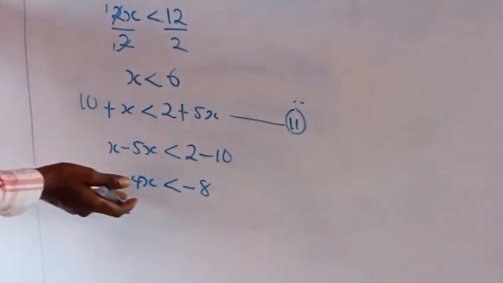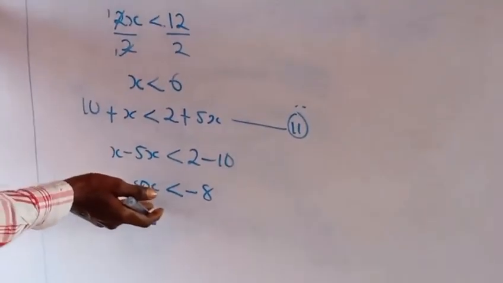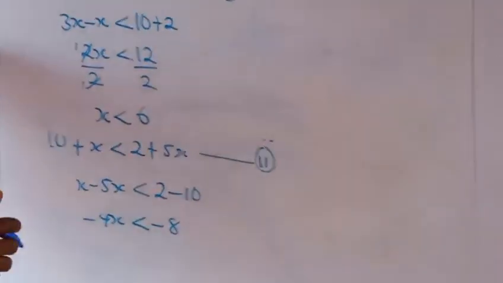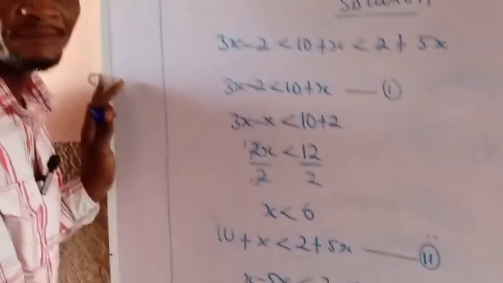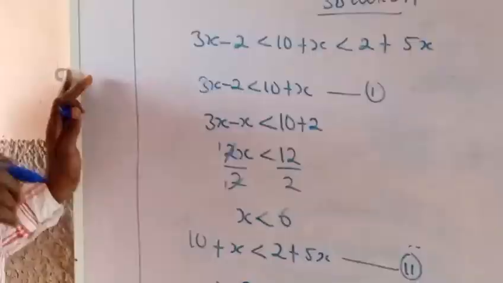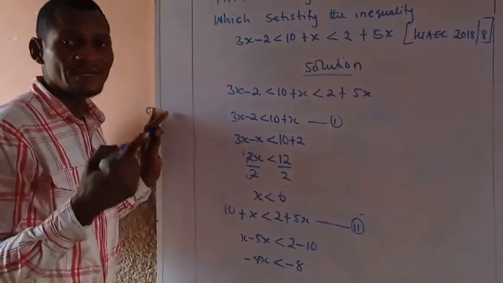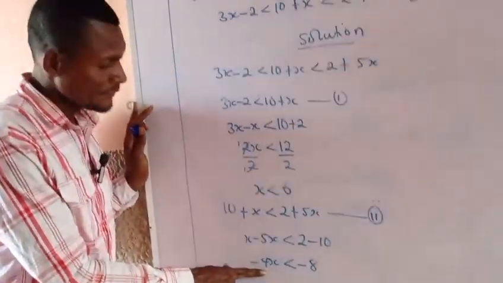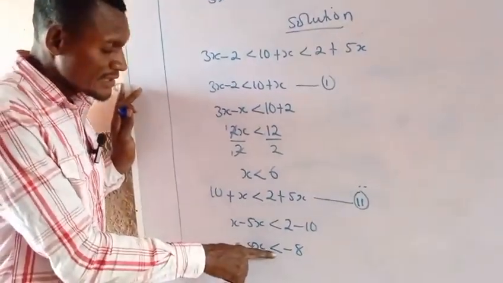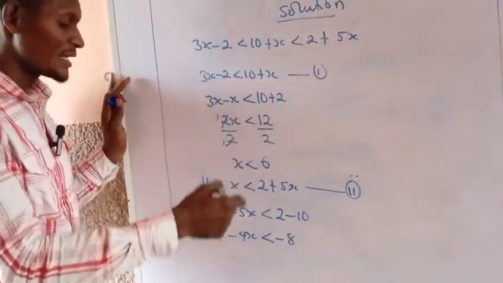So we are going to divide both sides by -4 so that I can obtain the value of x. Understand that when you divide both sides by a negative number, the inequality sign will change, or you invert the inequality sign. So if I'm dividing by -4, then this inequality sign becomes greater than instead of less than.